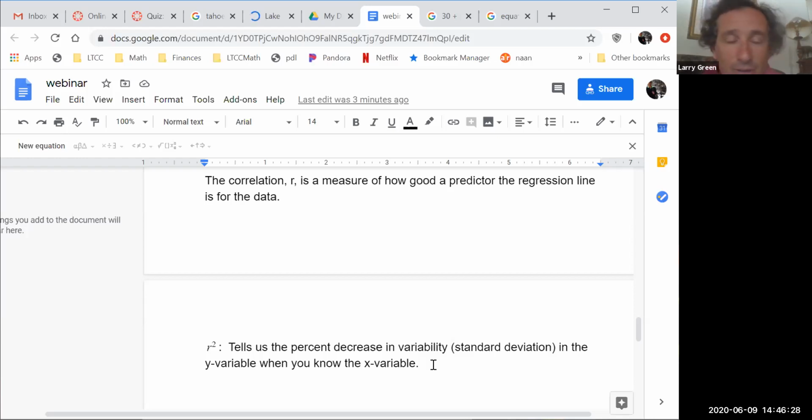So we have two variables, and you can collect the data, plot the points, just like we did with the year versus depth of clarity. You could do age versus height. What do you think R squared will be when you do that at the college instead of in elementary school? The hint is it's very different. Age doesn't matter, so what do you think the R squared will be? So how much decrease in variability is there going to be if you only look at people of the same age in college?